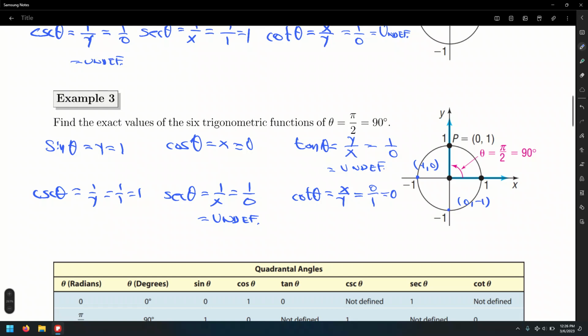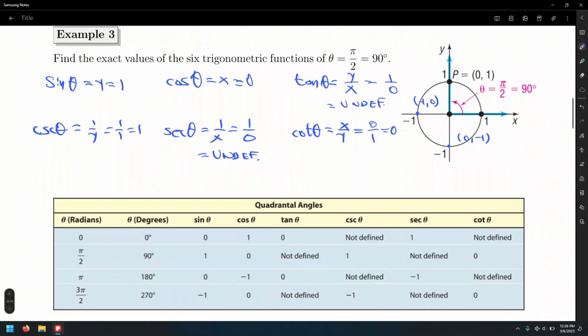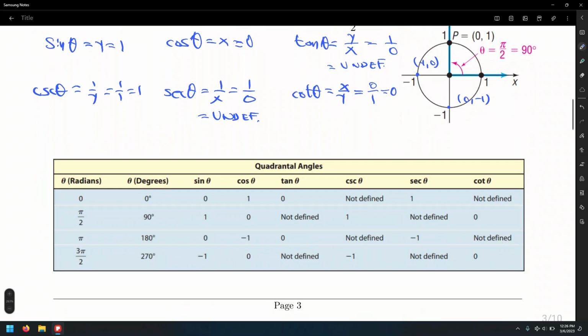Those are the points for the corresponding quadrantal angles. However, we don't have to do the whole thing. It's enough to look at these two and see a pattern. And if you do those at home, you will see that 180 and 270 degrees give us the same kind of series of values as we got for 0 and 90 degrees.